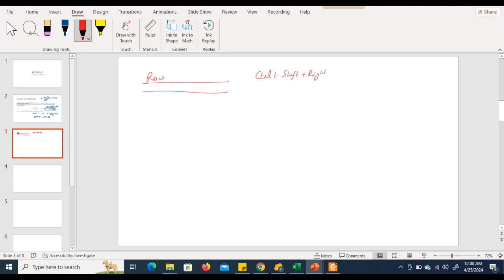When we choose this option, it will select the entire data. Now for the paste special option, we select the keys Control plus Alt plus V, and then we need to select the option of transpose, so it will convert the data from row data to column data. This is the command we have used here.